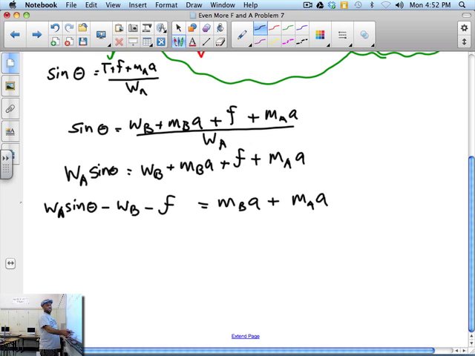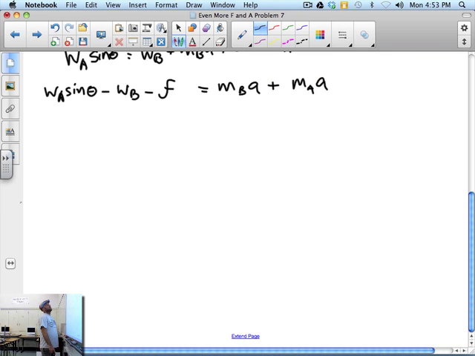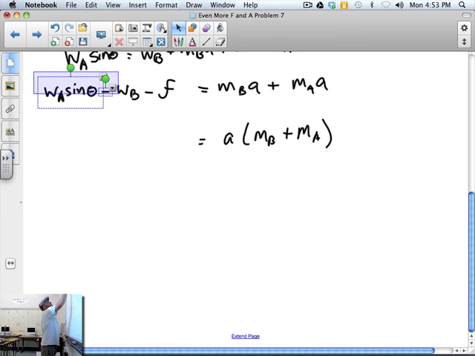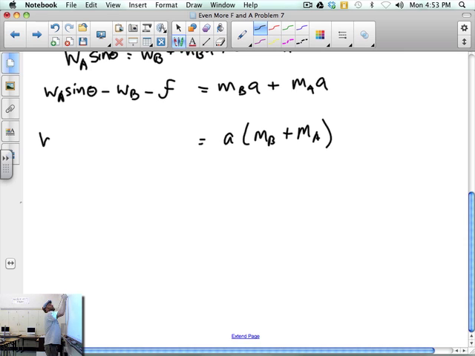All right. So let's see here. Well, if I could just solve this by factoring out A, mass of object B plus mass of object A, right? And then I could just rewrite this chunk. So I got all this, just rewrite it. Weight of object A sine theta minus weight of object B minus friction has to equal that.